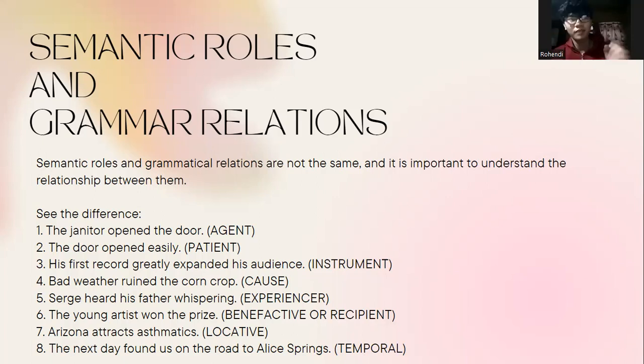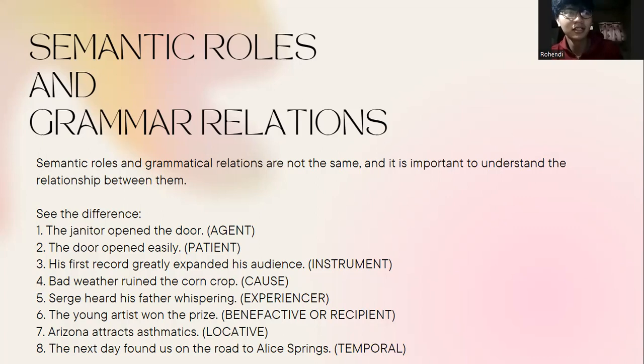Serge is the name, and becomes the experiencer. "The young artist won the prize." The young artist becomes the recipient. And then "Arizona tracks asthmatics." Arizona becomes the locative, and "the next day" becomes temporal.